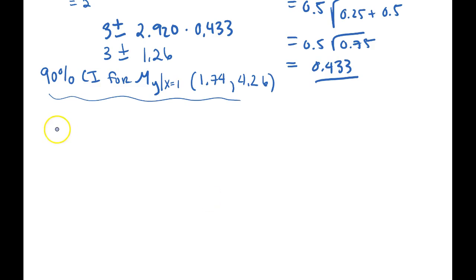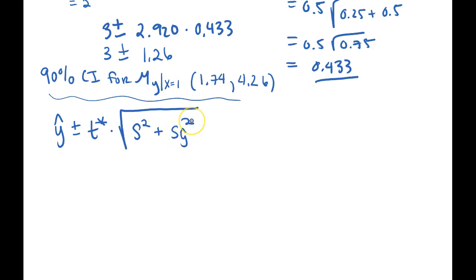So the calculation for that is y hat plus or minus the same t critical value times a larger standard error. In this case, that's the square root of s squared plus s y hat squared. What we just calculated for the standard error of our confidence interval is also included in the standard error for the prediction interval.